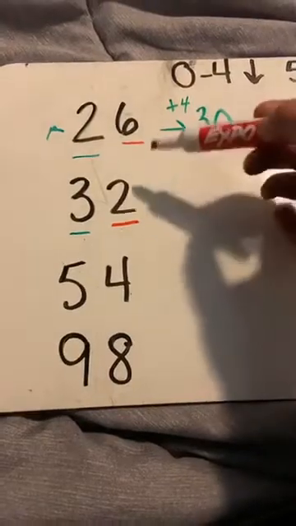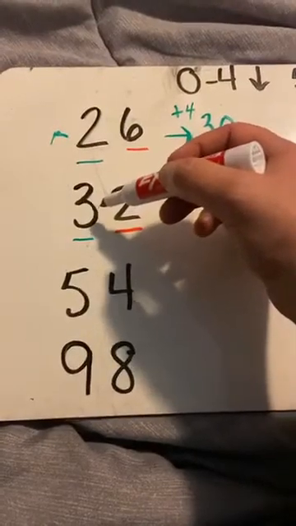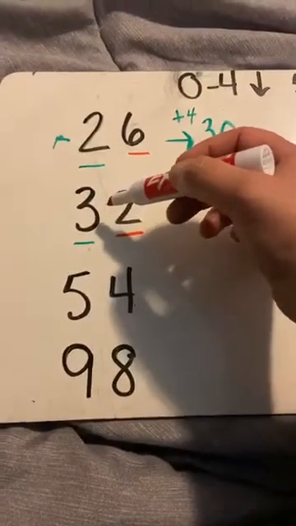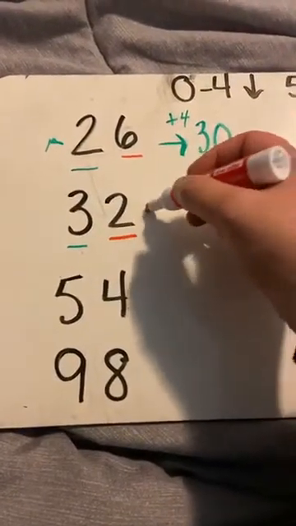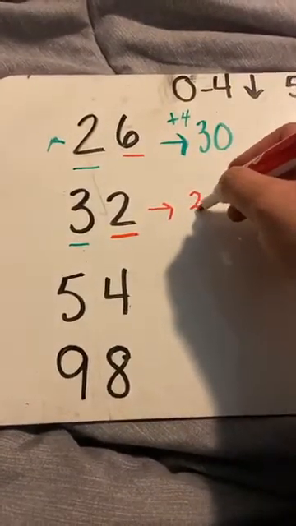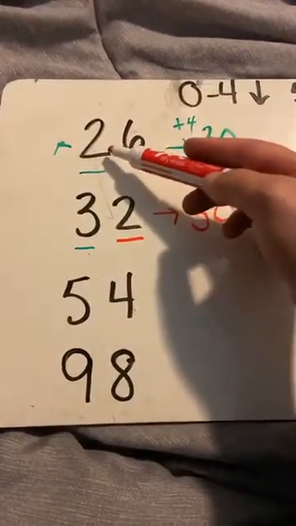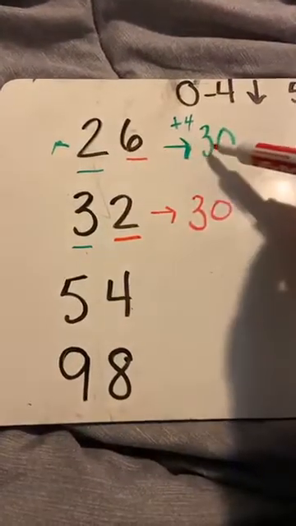And I said that if I have 0 through 4, it's going to go what? You're right, it's going to go down. So this number, when you're rounding, if you're going down, always stays the same. So I'm going to round 32 down to what? 30. But if you go up, this number might change just like it changed here.